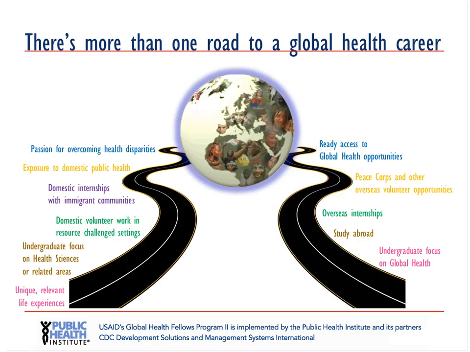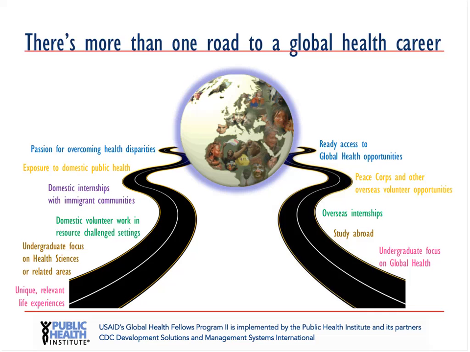Now, there's a couple of different roads that you can take to get a career in global health, and there's more than one way to do it. We process a lot of applications, both for internships and fellowships. The traditional path to get into global health is somebody gets an undergraduate degree in global health. They maybe study abroad for a semester.